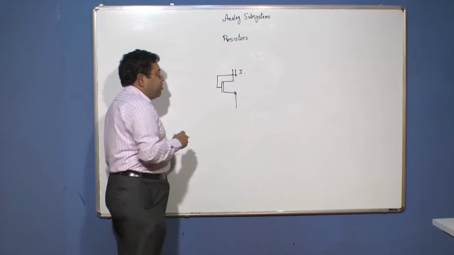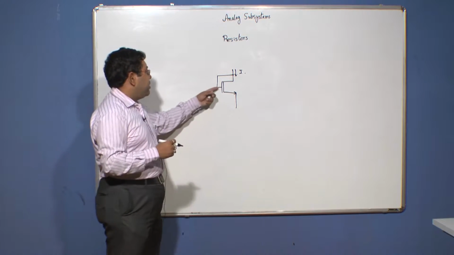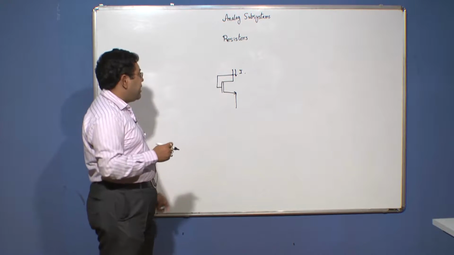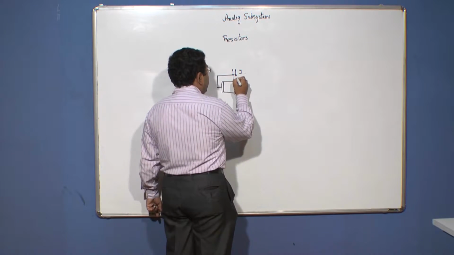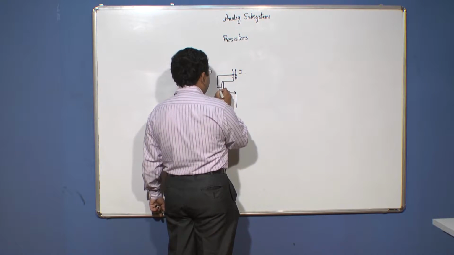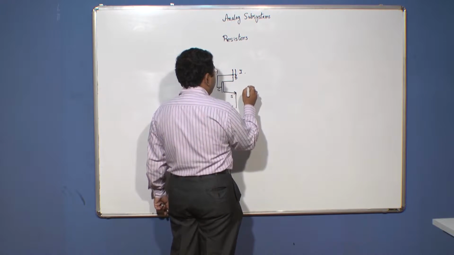Suppose I connect a MOS transistor in saturation by shorting the drain and the gate. Let this be the drain, this the gate, and this the source.